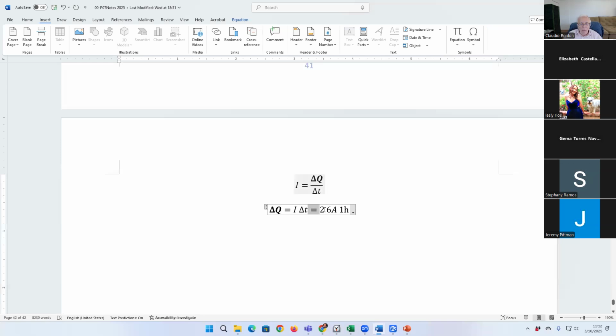And now, don't forget that amps is coulombs per second. If we want to get the amount of charge in coulomb, and I'm going to highlight coulomb here, we must have the same unit here. That's going to cancel out with this unit, right? So we can write down that 1 hour is 3,600 seconds.